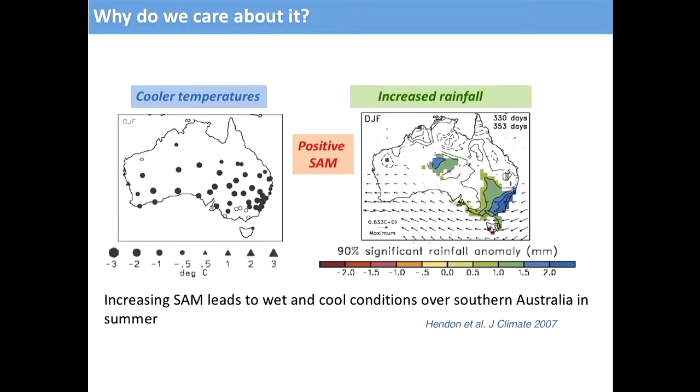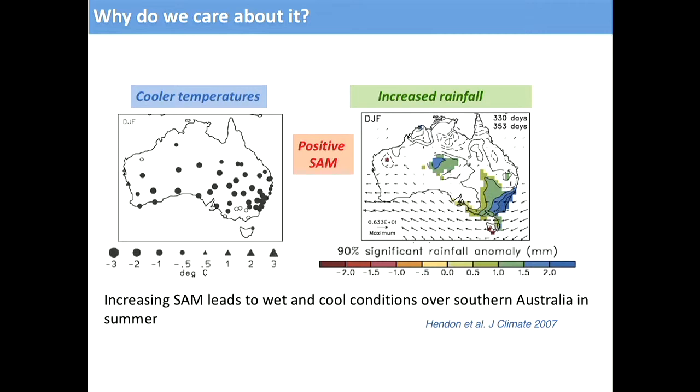Okay, so why do we care about the SAM? I've taught you a lot about what it is, but why do we care? Well, one reason is because it has a fairly strong impact on our surface climate over Australia. This is a paper by Hendon et al., and it was looking at composites of temperature and rainfall over Australia and the winds in the vectors for a positive SAM.